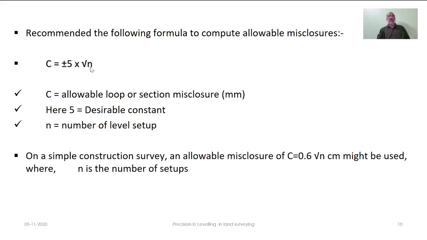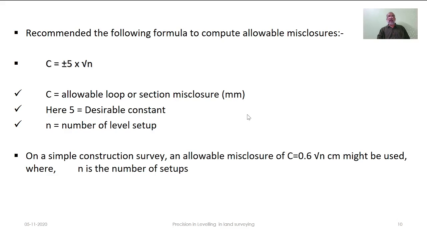So say if we have 9 setups, the permissible error will be plus or minus 15 mm. Even for certain construction surveys, a similar expression can be had as C is equal to 0.6 root n, and the value expressed is in centimeters.